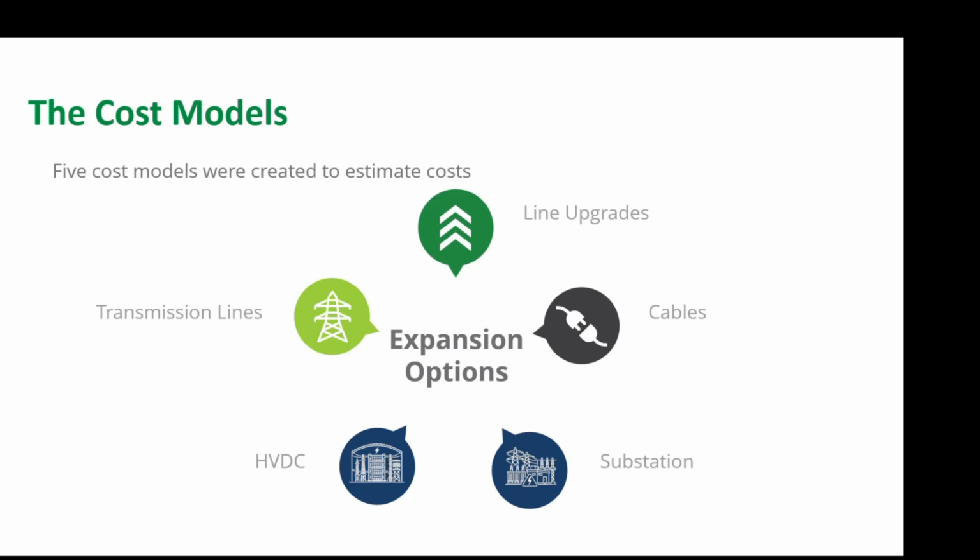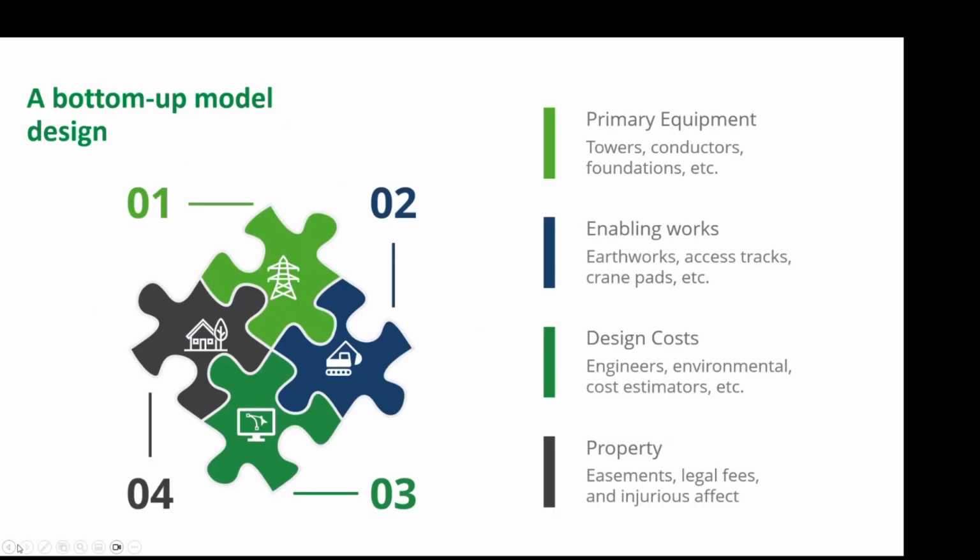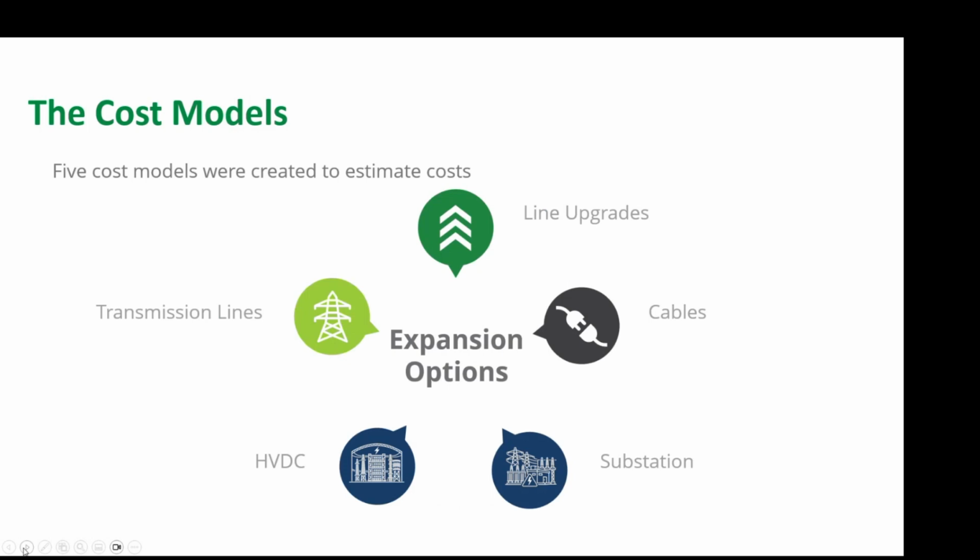And finally, we've got a model for HVDC converter stations. This is the technology we use for things like the inter-island link between the North and South Islands. We need converter stations to convert the direct current into alternating current so that the rest of the network can deal with it.